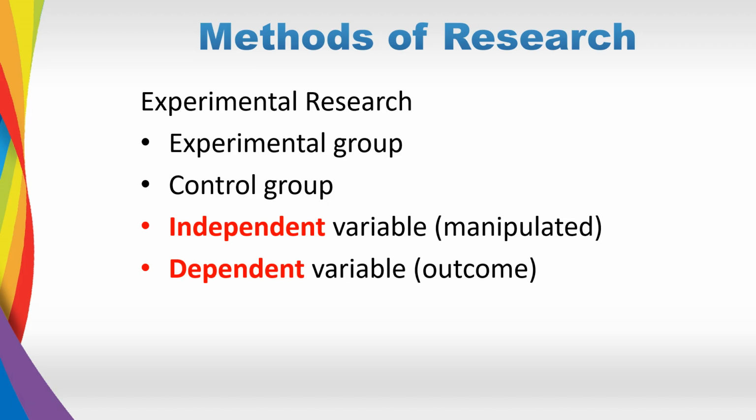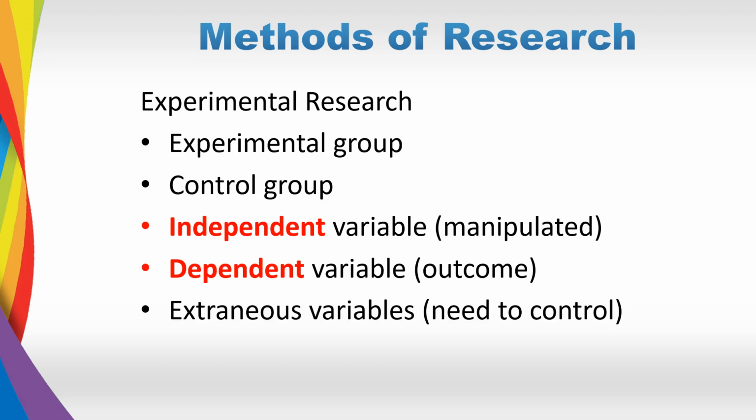All right. But these are not the only two variables in research. There's something else we need to be aware of. There are extra variables out there that we might need to control in research. It's called extraneous, but think of the word extra. It's an extra variable that could have an effect on the outcome, but you're not actually interested in studying that.